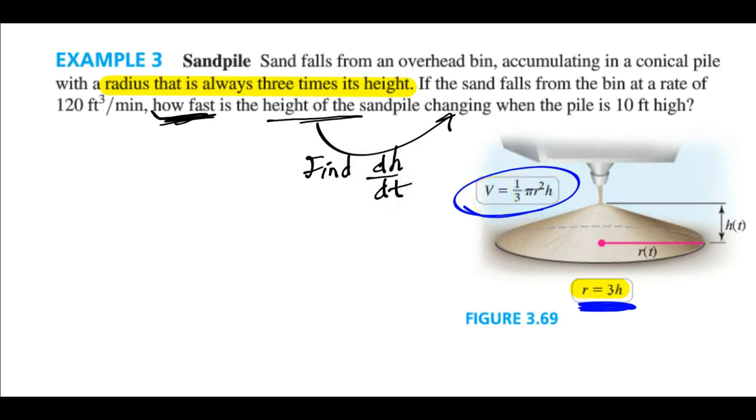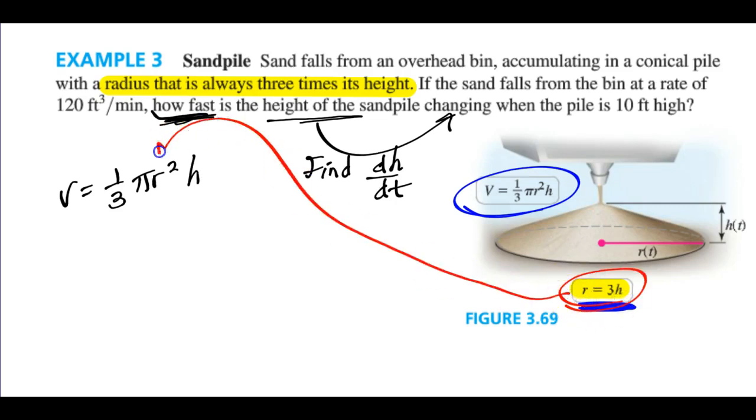Given this volume function, so if the volume is 1/3 pi r squared h, then I have a couple of variables, and I think I can get rid of one of the variables by a quick little substitution because it's defined for me.